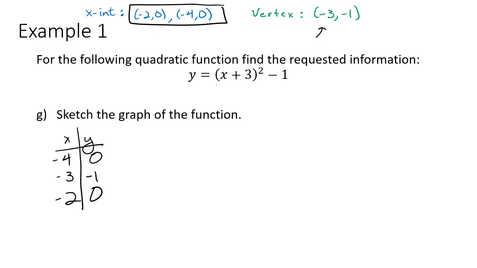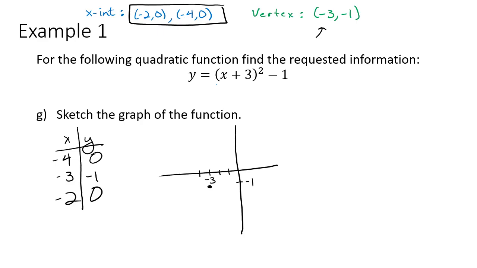So let's sketch the graph. So we've got our vertex at -3, -1. And if you go the same distance in both directions from the vertex, in this case I went 1 to the left to -4 and 1 to the right to -2, you should find that these y values are always equal to each other because of the symmetry of the parabola.